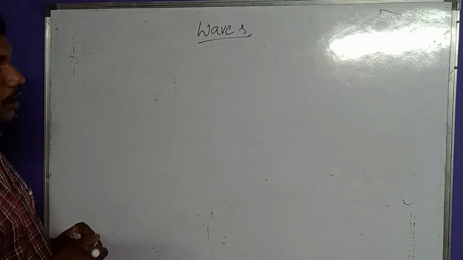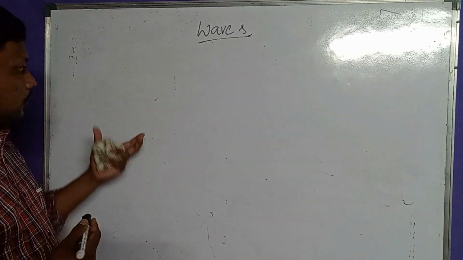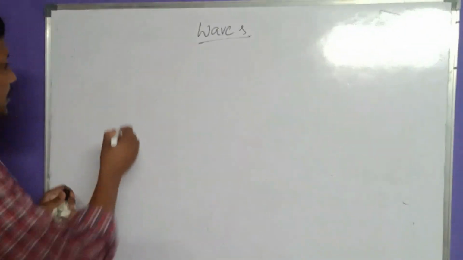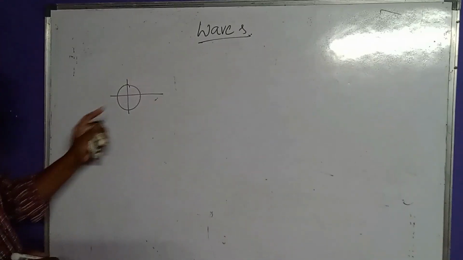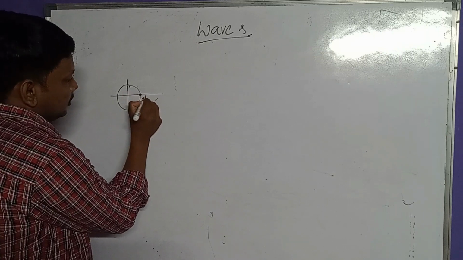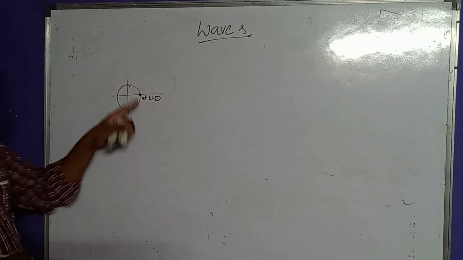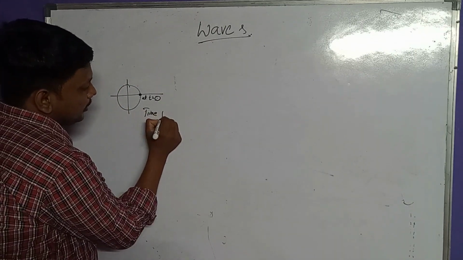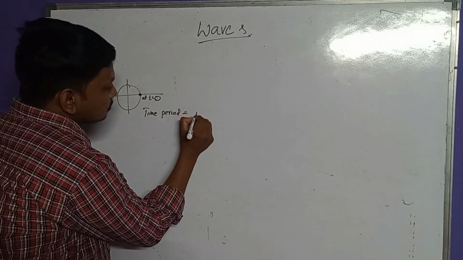For mathematical modeling of a wave, you simply take one example, that is a particle rotating in a circular path. Let the particle start here, let t equal to 0. For completing one cycle, the time period is tau.